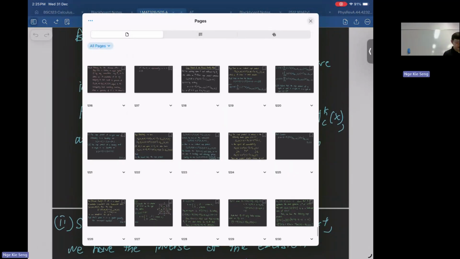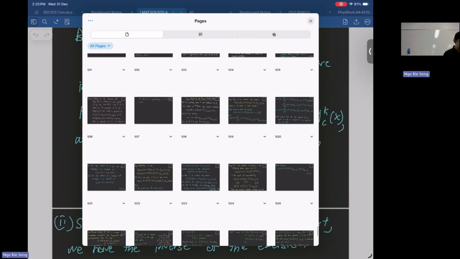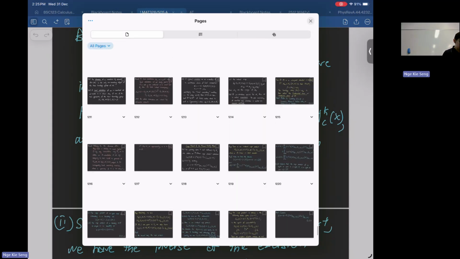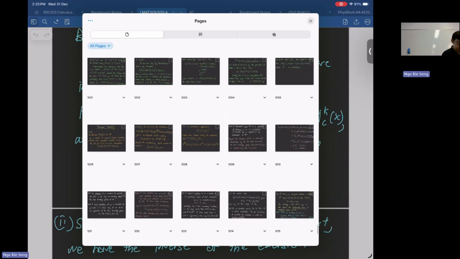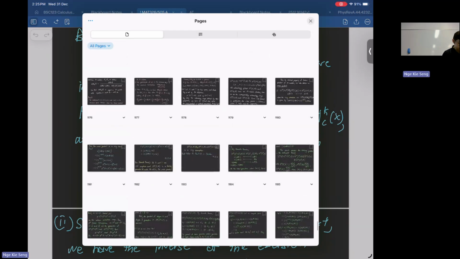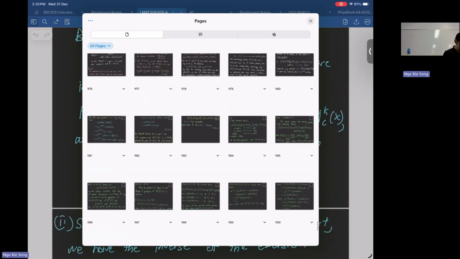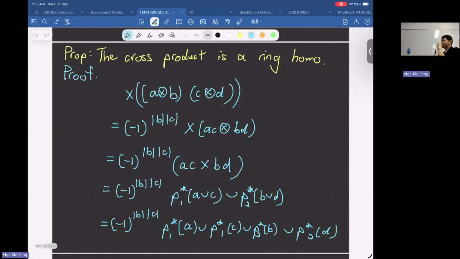You need to understand how algebraic people do things. We set it such that things work. That's it. So we want to make things work, so we define it like that. If you take the cross product between these two elements, ring homomorphism means you apply it to a product of things and it splits into a product.